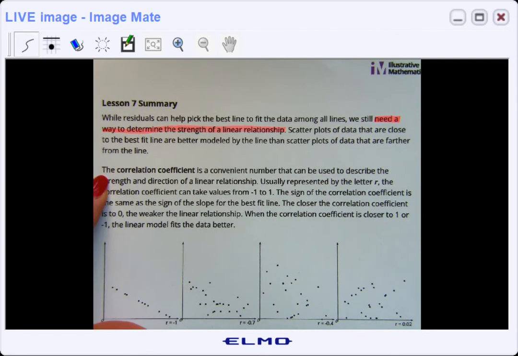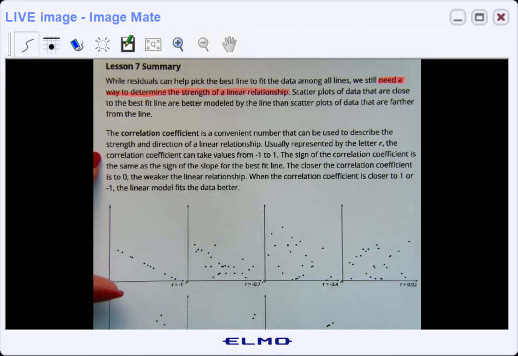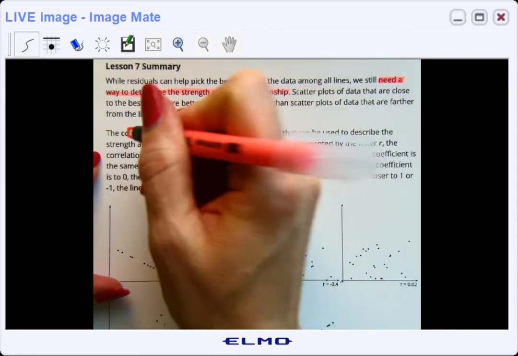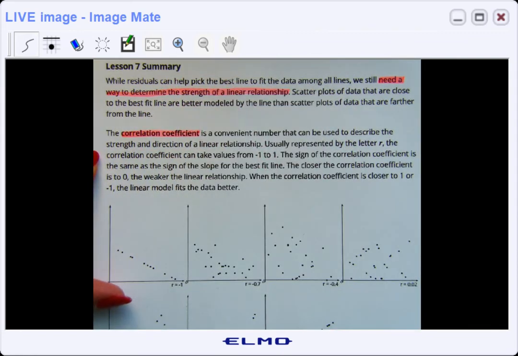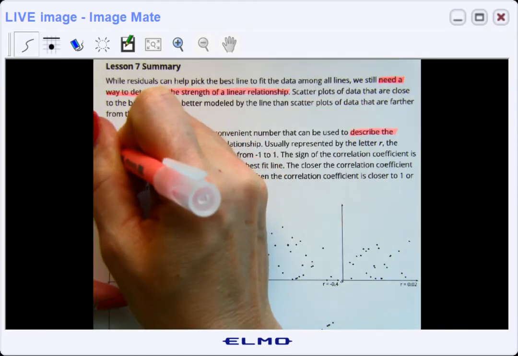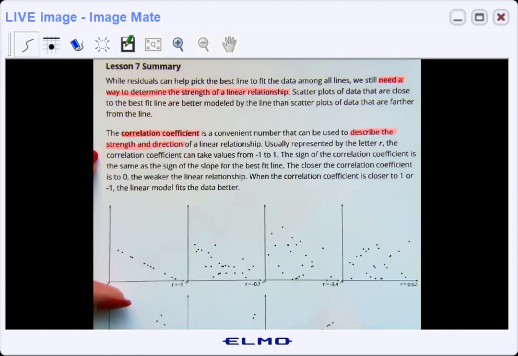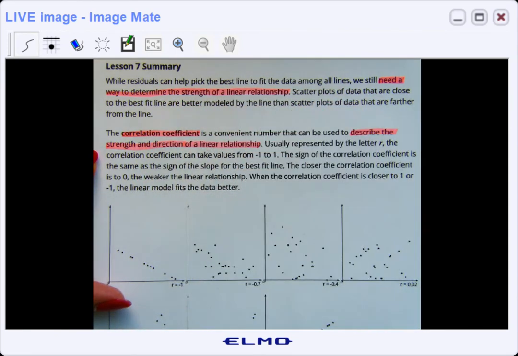The correlation coefficient is a convenient number that can be used to describe the strength and direction of a linear relationship. So we call this the correlation coefficient, and it's used to describe two things: the strength and direction of a linear relationship.